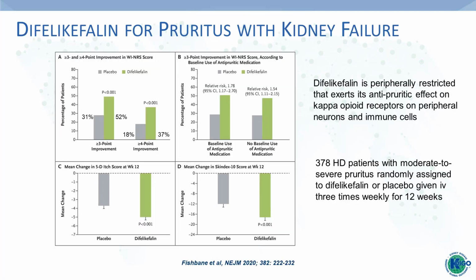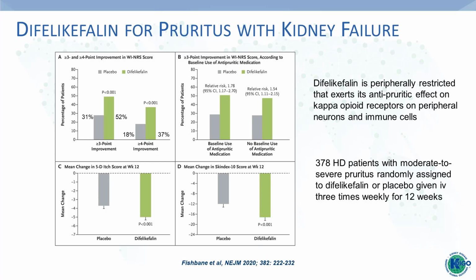I'll leave you with a very important clinical trial, one of the pivotal trials reviewed by the FDA for the use of difelikefalin for pruritus. It's a peripherally restricted drug, meaning it does not cross the blood-brain barrier effectively.